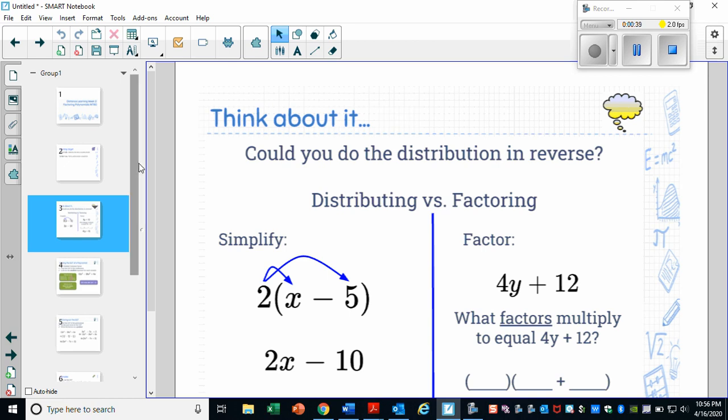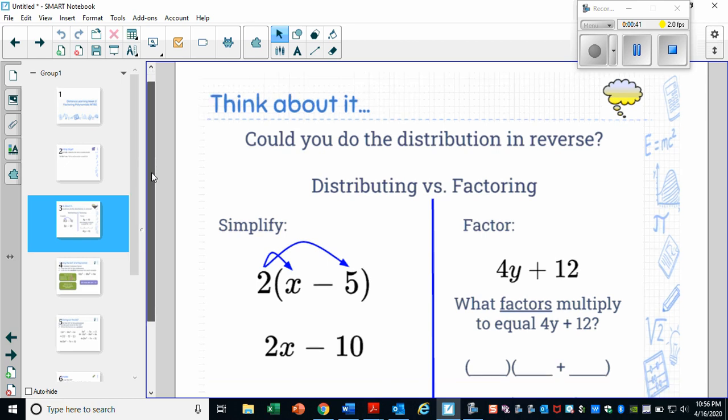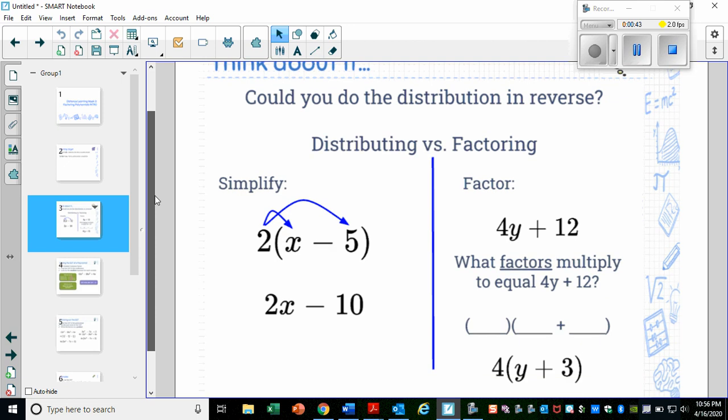So think about it. Could you do the distribution in reverse? Distributing versus factoring. Now, when we distribute, you're multiplying. So 2 times the quantity x minus 5.